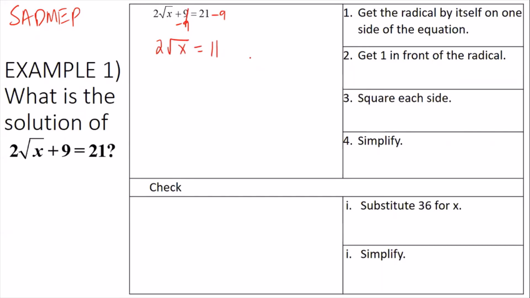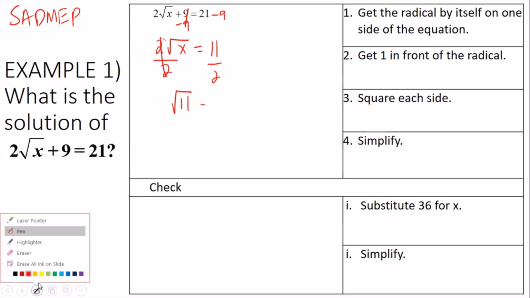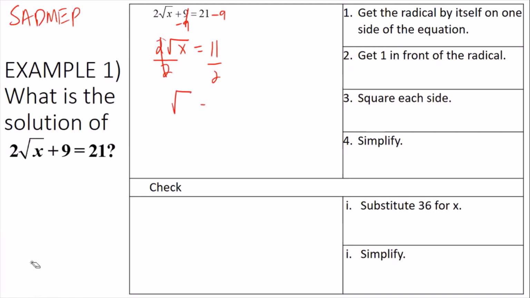We need to make sure that the coefficient, the number in front of the radical, is 1. So what do I need to do to do that? Divide by 2. Now we're left with the square root of x equals 11 divided by 2.